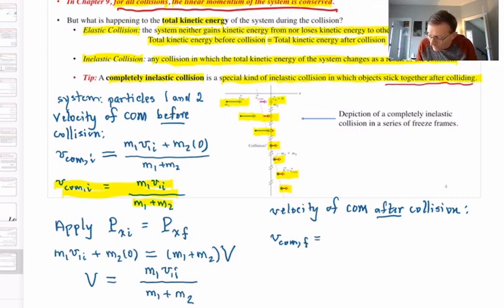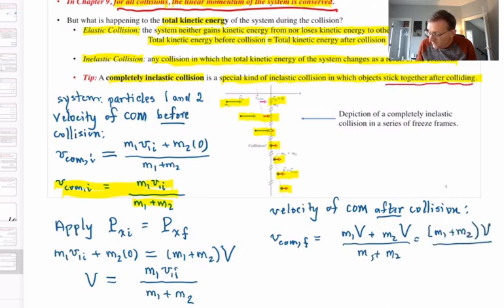So m1 times big V, plus m2 times the same big V, over m1 plus m2. Well, then let's factor the big V. So we have m1 plus m2 all times big V upstairs, and m1 plus m2 downstairs, and m1 plus m2 cancels, and VCOM after the collision is just that common velocity capital V that they have afterwards from conservation of linear momentum.